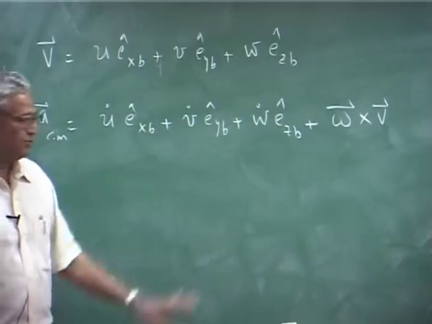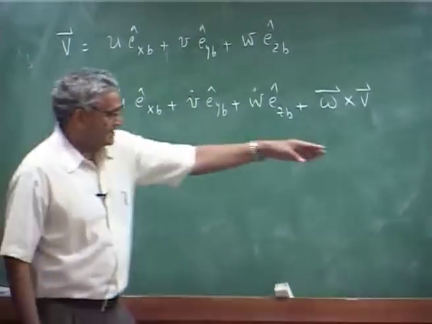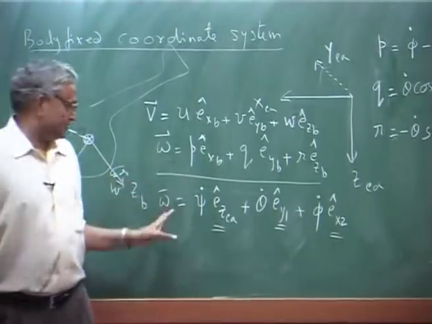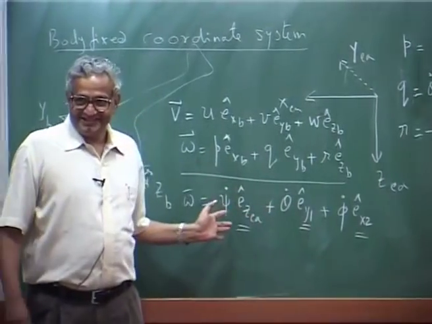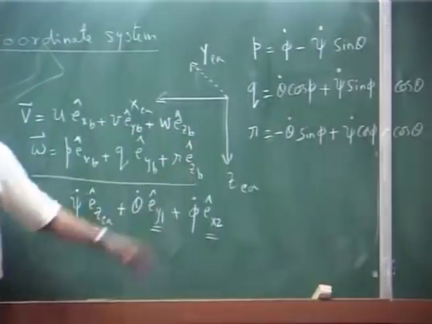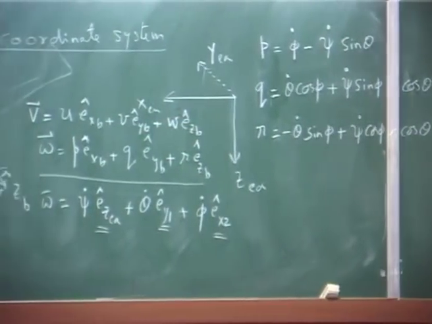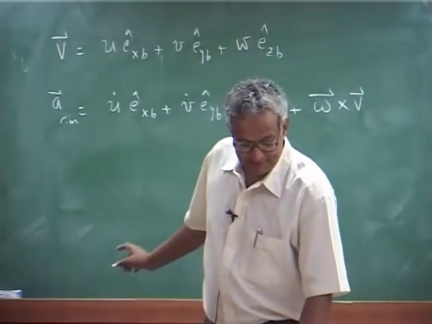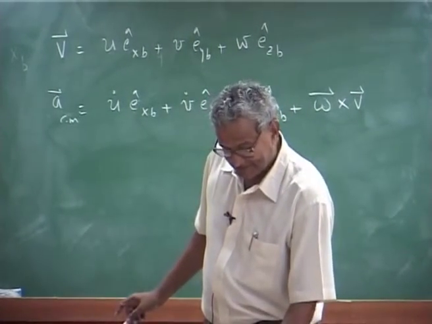Now you put the omega as PQR; use PQR, do not use this omega, because that we will keep as a separate relationship. Always use PQR, take a cross product, and you will have the acceleration of the vehicle.